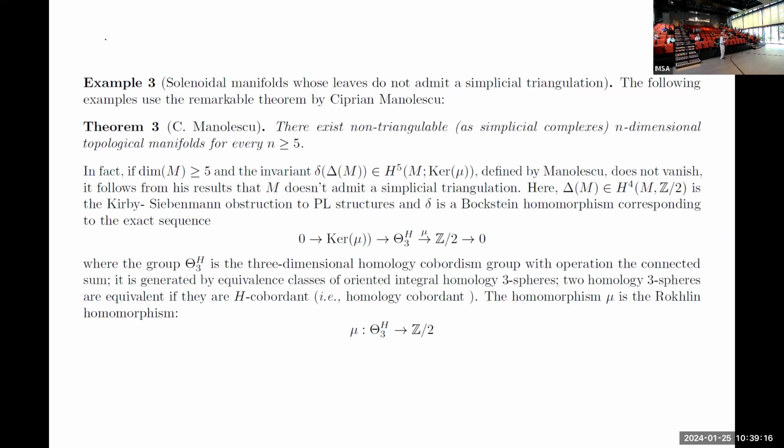I'm talking about the proof. The simplicial triangulation is a beautiful theory, a result they did 10 years ago. There are non-triangulable manifolds in every dimension. And Manolescu describes that by an invariant which he calls delta.